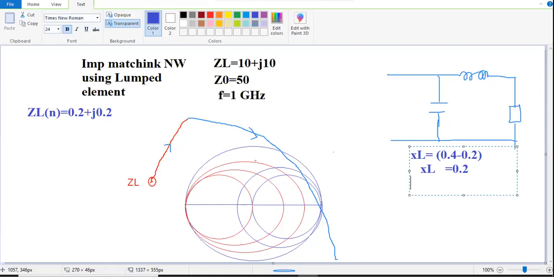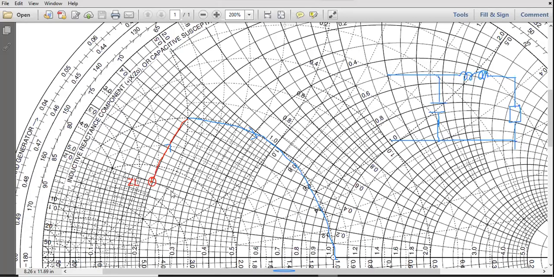What is capital XL? What is the difference between small XL and capital XL? That you have to understand very well. Small XL is the impedance reactance on the Smith chart, because this is 0.2 and this thick line here is 0.4.